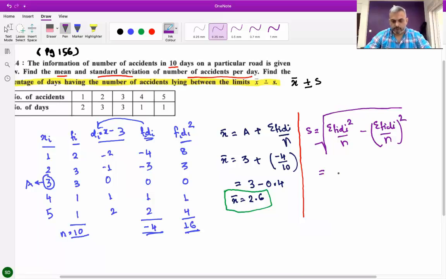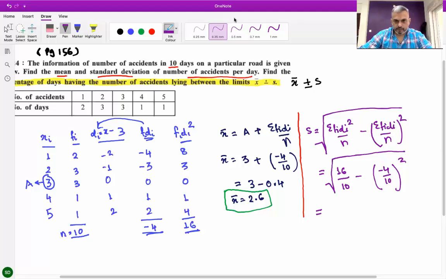Fi di square is 16 upon 10, minus minus 4 upon 10 the whole square, the whole under root.